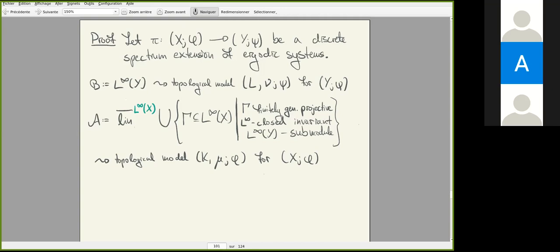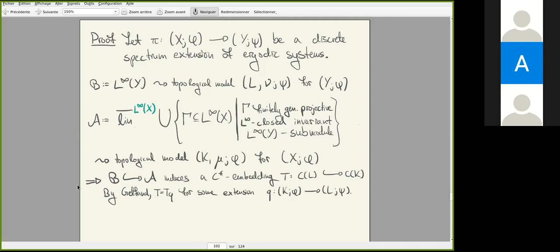So we take all of this and plug it in here, and then we take the closed linear span in L infinity of X. One can show that this defines a C-star subalgebra of L infinity of X. And because we assume that the extension has discrete spectrum, this subalgebra is also dense. As I said, the denseness is important. And then we obtain a topological model for (X, phi).